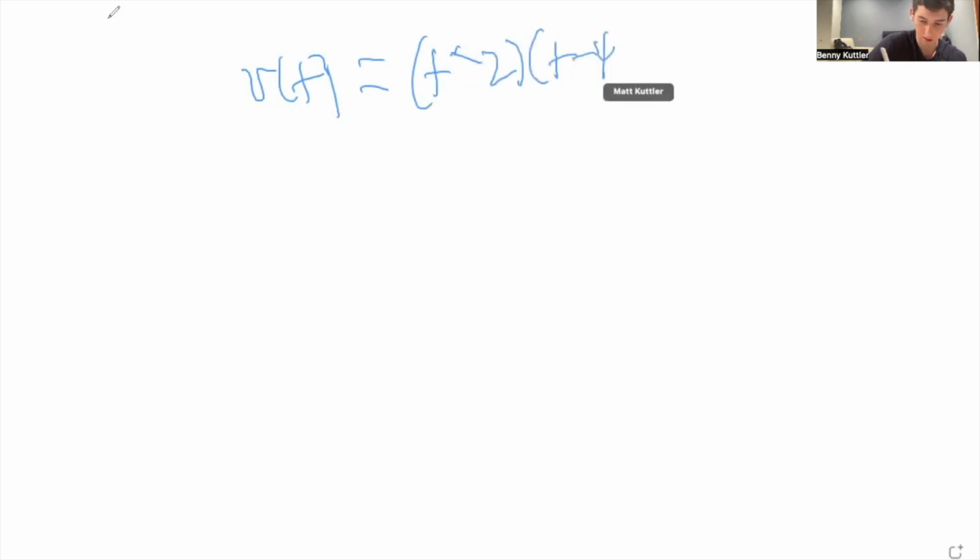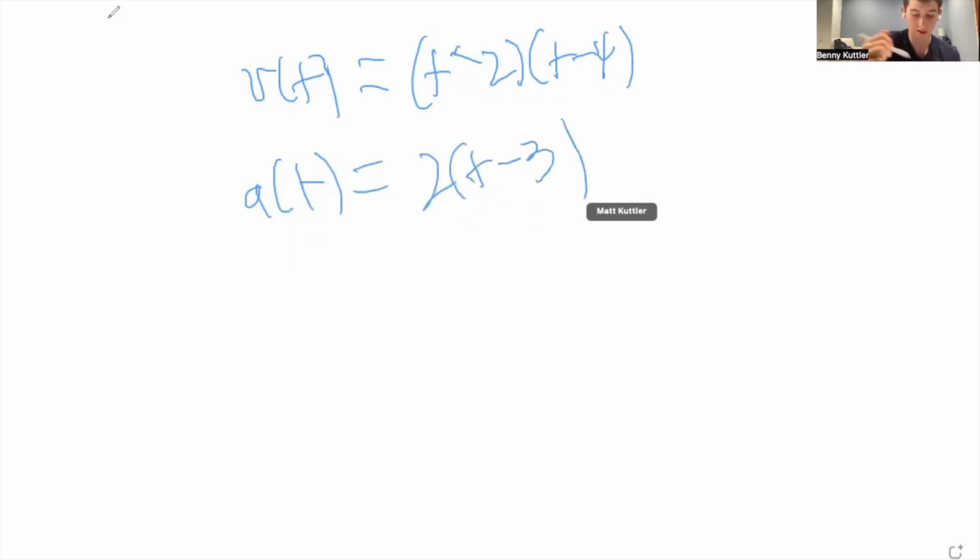We had v of t equals t minus 2 times t minus 4, and then a of t equals 2t minus 3. So we know that t less than 2 is not going to work because v of t is positive, a of t is negative.